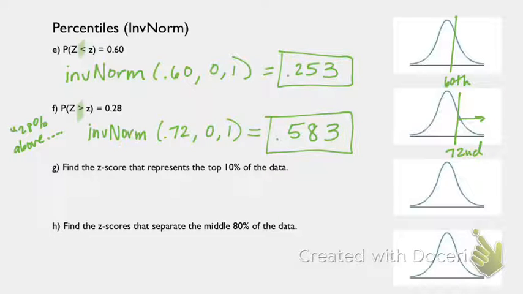Okay, G is written a little bit different. It says find the z-score that represents the top 10% of the data. So top 10% would be at the what percentile? 90th. So inverse norm of 0.9.